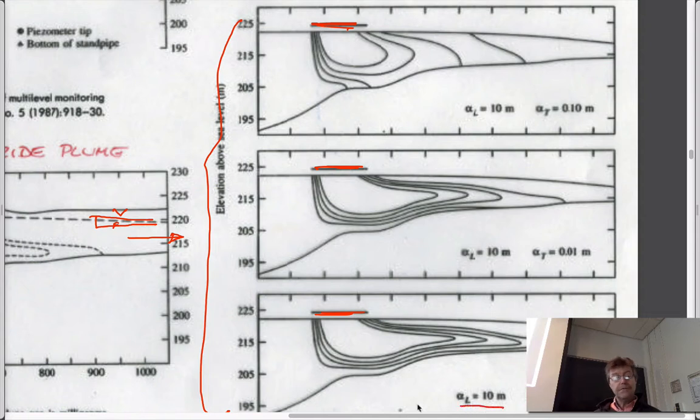And so presumably, if there's a gradient here, then you'd expect that the advective velocity is some function of hydraulic conductivity over porosity times gradient.